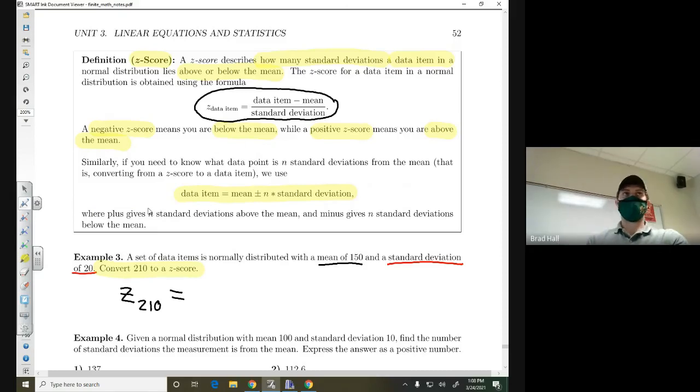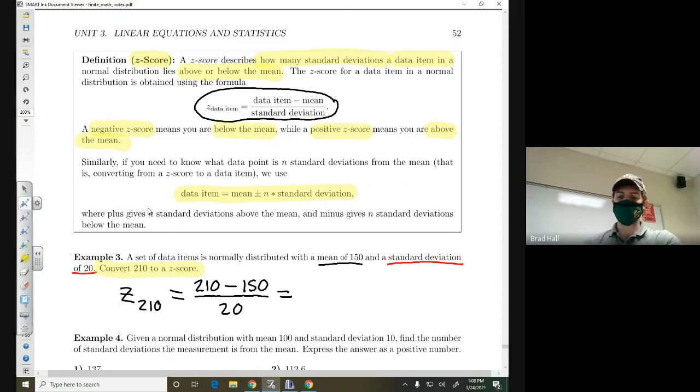Now the formula tells us exactly that we start off with the data value, which is 210. We subtract off the mean, which they told us was 150. And then we divide by the standard deviation, which they told us was 20.